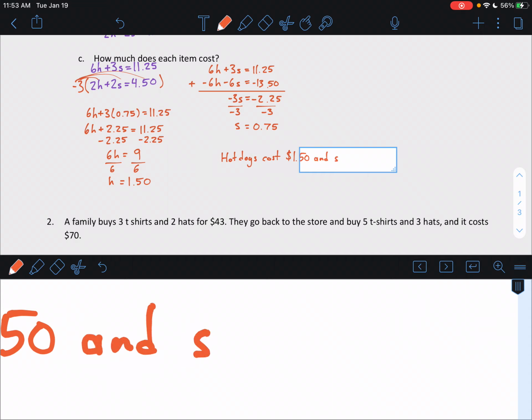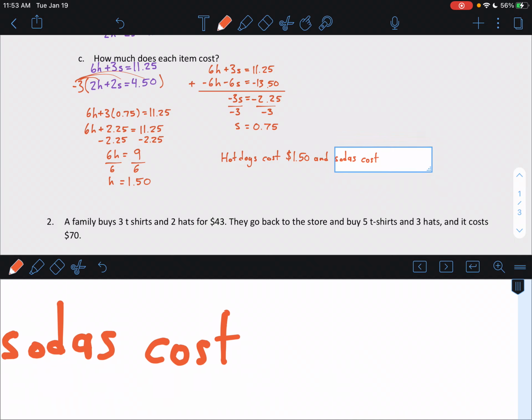And sodas cost 75 cents, because we said S equals 0.75. And that is my full sentence. That is my final answer here. Hot dogs cost $1.50, sodas cost 75 cents. And there we go.